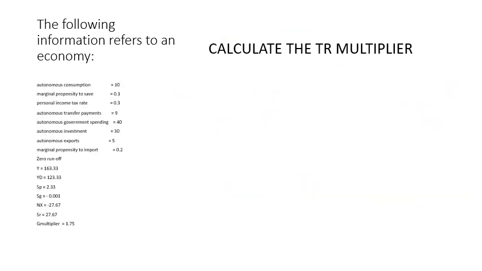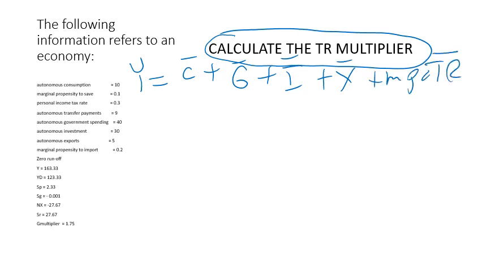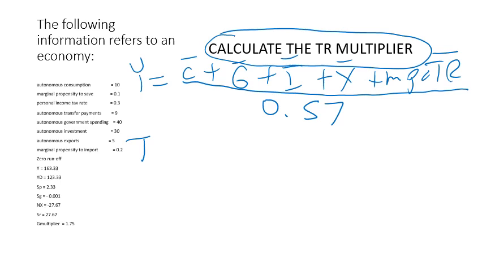Okay, now let's calculate the TR multiplier, and again we would have to use the model equation: autonomous C plus autonomous G plus autonomous I plus autonomous X plus MPC TR. TR is autonomous, and in the denominator we have 0.57. So we're trying to calculate the TR multiplier. All right.